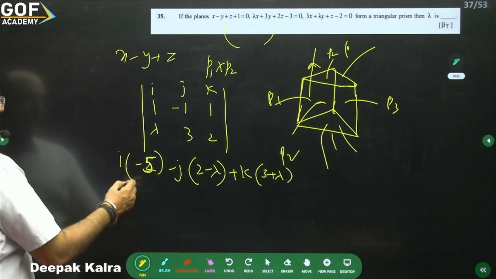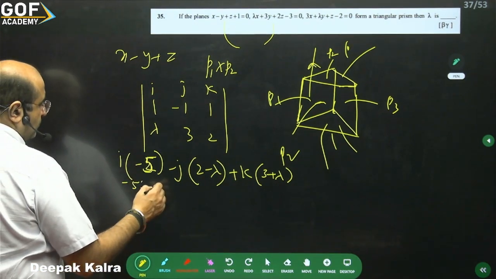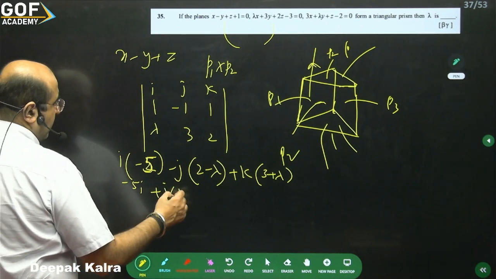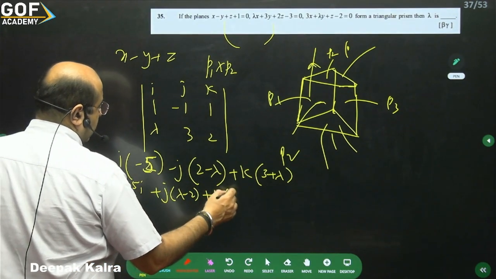You got minus 5i plus j times (lambda minus 2) plus k times (lambda plus 3).